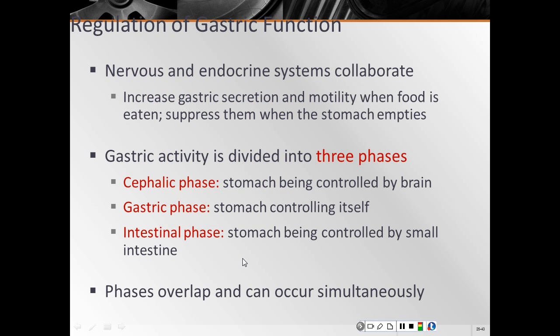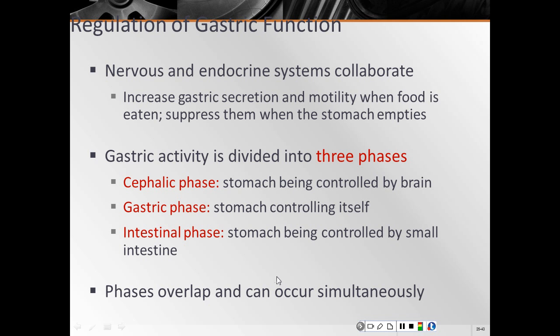Alright, so the nervous system, as we know, regulates everything in the body. The endocrine system plays a major role in how things are dealt with within the body. Now gastric activity is divided into 3 stages, called the cephalic, gastric, and intestinal phases, and they overlap and may even occur simultaneously.